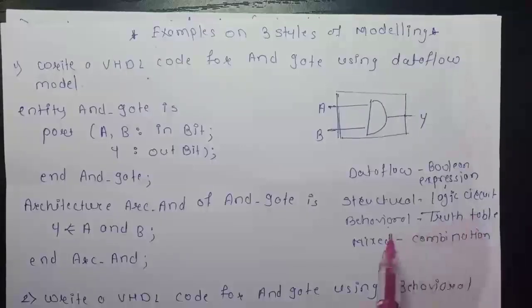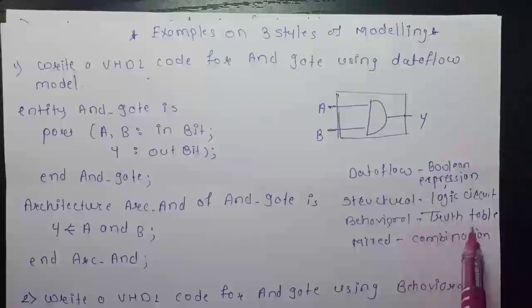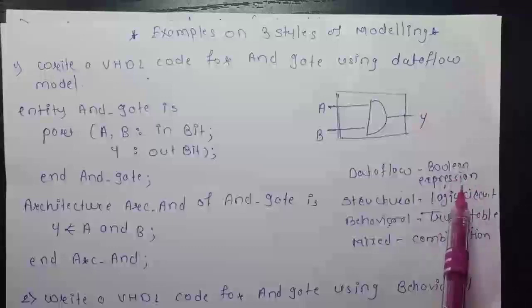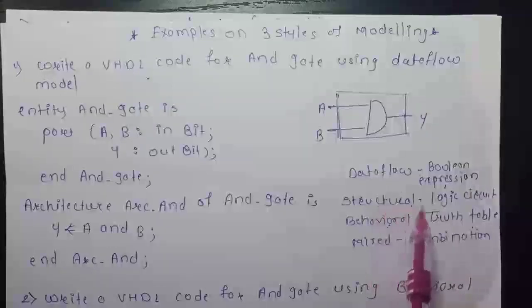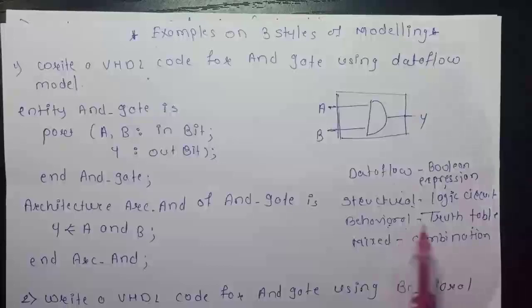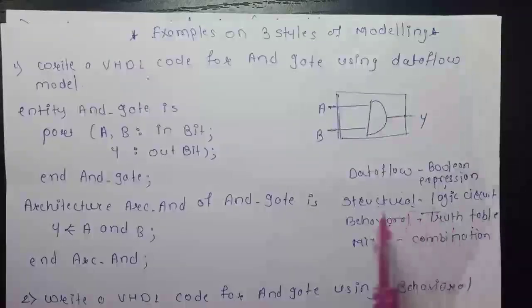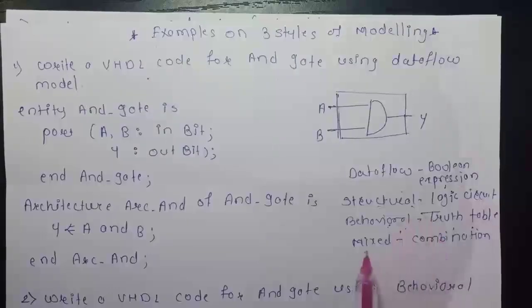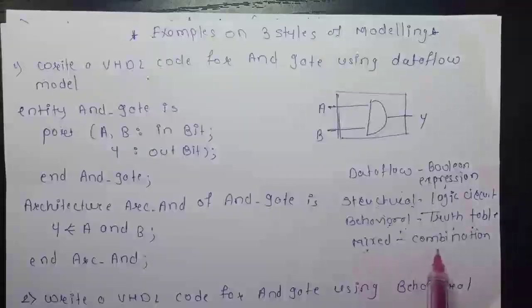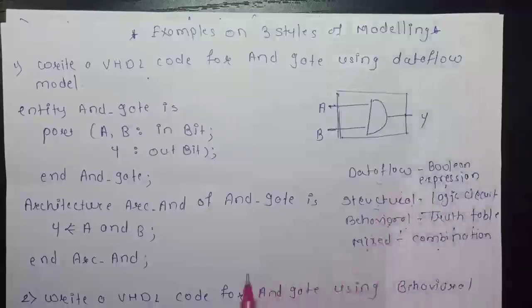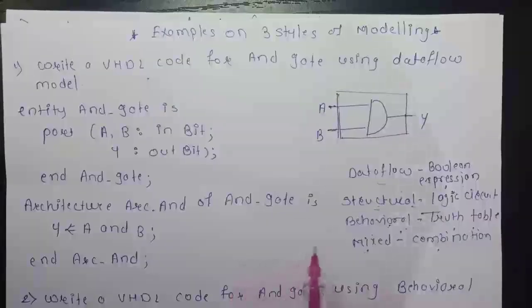That time we go for behavioral style of modeling, which depends on the truth table. So data flow modeling focuses on Boolean expression, structural modeling focuses on logic circuit, behavioral style of modeling mainly focuses on the truth table because it specifies the behavior or function of the design, and then the mixed one, which is a combination of data flow, structural, and behavioral style of modeling.